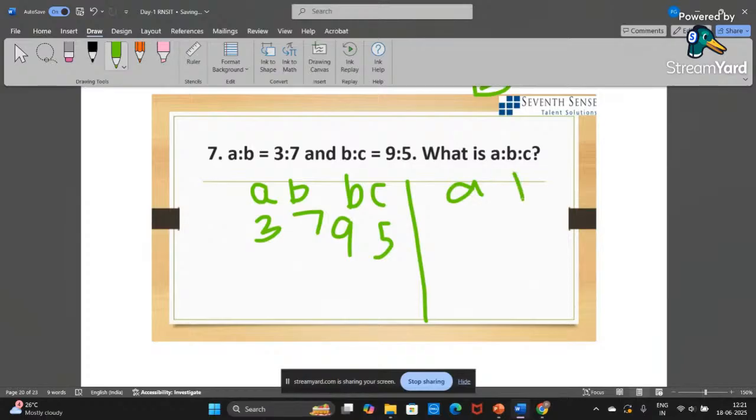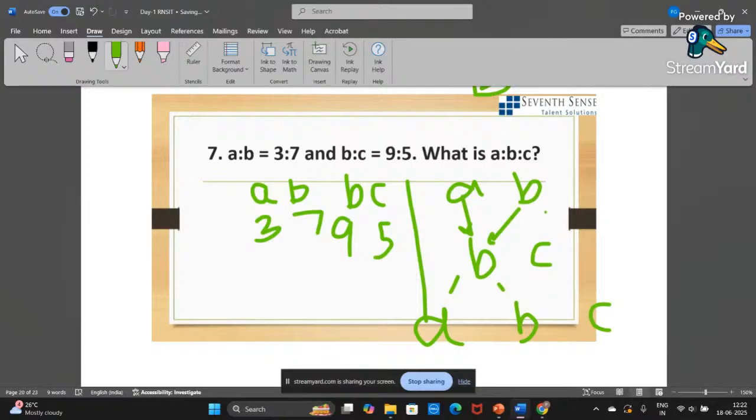When you see this type of question, just write their values. First, I'll show the steps of how to calculate. Write AB and BC. With these values, we need to find out A, B, C. To find A value, just multiply A with B. You will get this value. To find B, just multiply this with this. You will get B value.